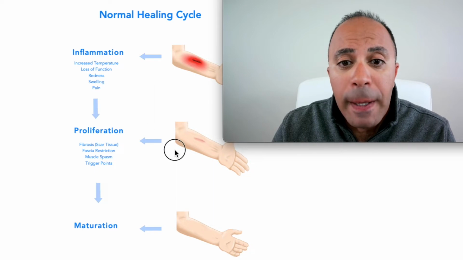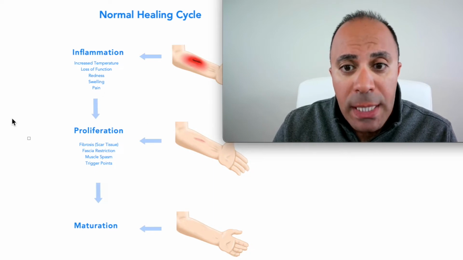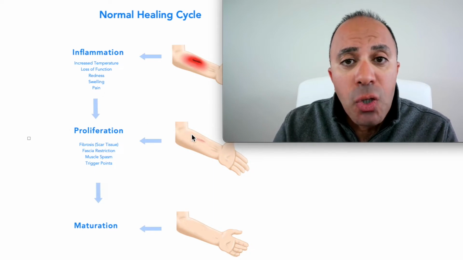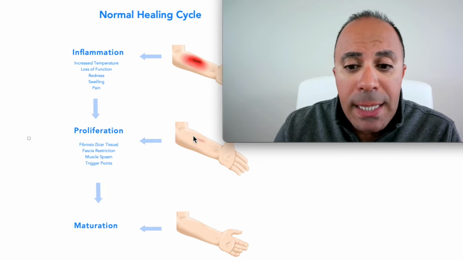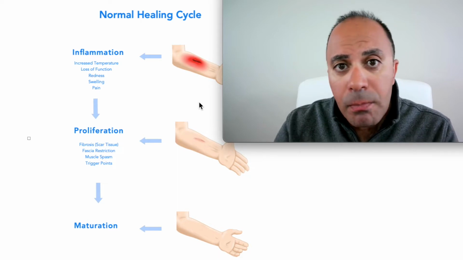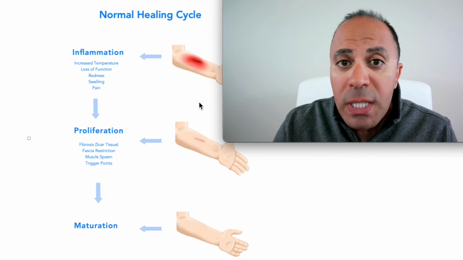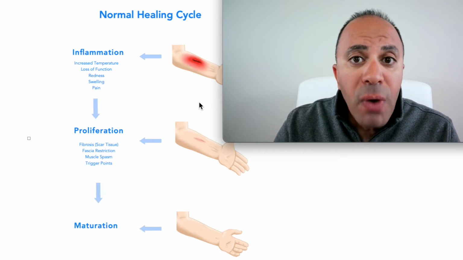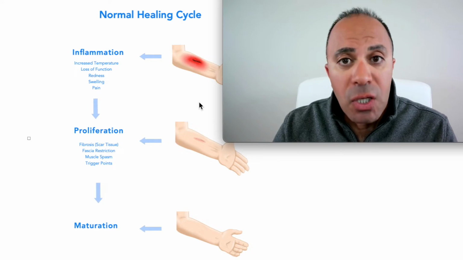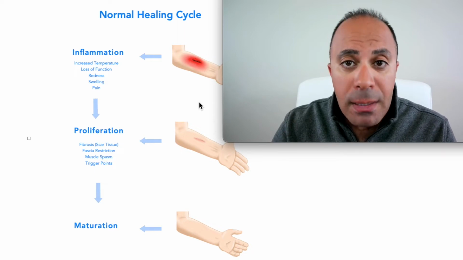The second stage of healing is the proliferation stage. During this stage, your body builds scar tissue, and you can see it here in the paper cut. If our body does not build scar tissue, it's an open wound susceptible to infection. So scar tissue is very essential for our survival. We need scar tissue.